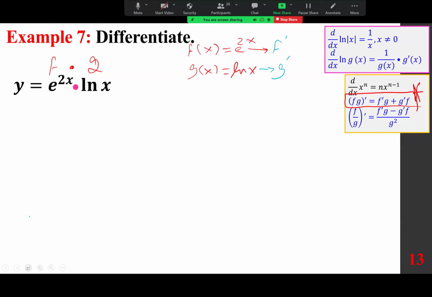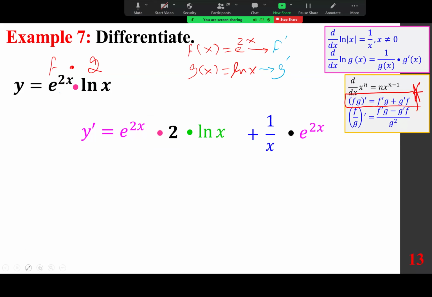So f prime is the same thing, e to the power of 2x, because exponential, times 2 by the chain rule. So that's f prime times g ln x. Now g prime is just 1 over x times f e to the power of 2x.